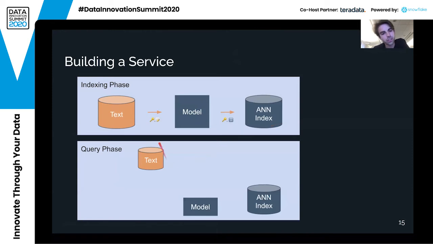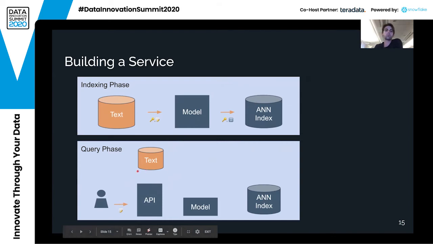So these are all the same artifacts: the database of text, the model, and our approximate nearest neighbor index. Let's say a user comes with a query. We also have to accept this somewhere, so we have to build some sort of small API layer. That user sends us a query with some text, as shown by this icon. Our API then forwards this text to the model, which encodes it into the vector that we saw before.